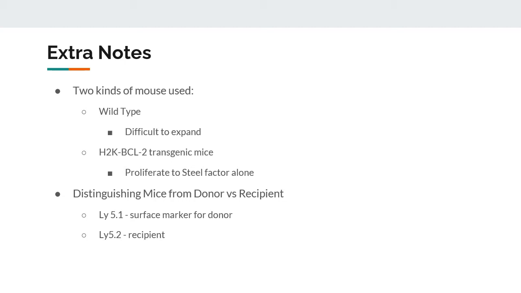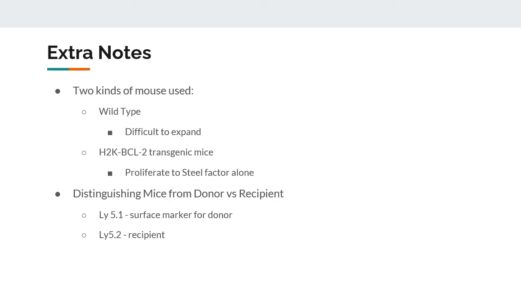But I did want to mention that in the supplementary article that was attached to this week's article, they did test whether or not there was a difference in using the wild type versus BCL2 when determining the responsiveness of HSC to Wnt, and they did not find a significant difference in using either of them.